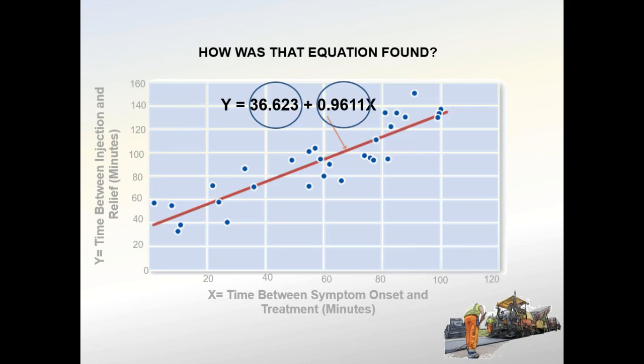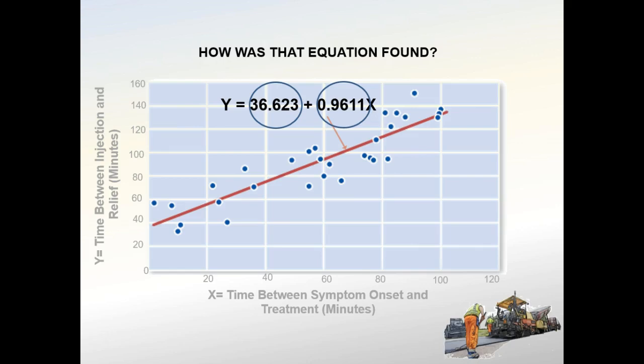In the case of figure 4.5, the equation is y equals 36.623 plus 0.9661x, implying that needle-to-symptom-relief time for a patient might be estimated by multiplying that patient's symptom-to-needle time by 0.9661 and adding 36.623 minutes to the result.